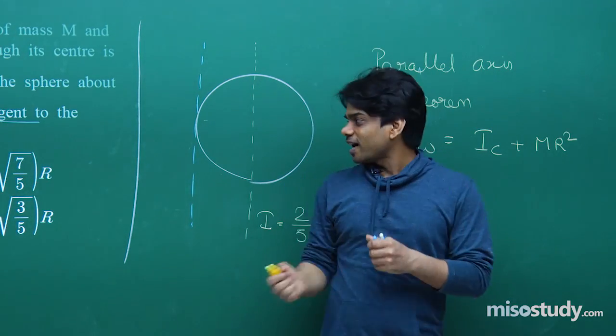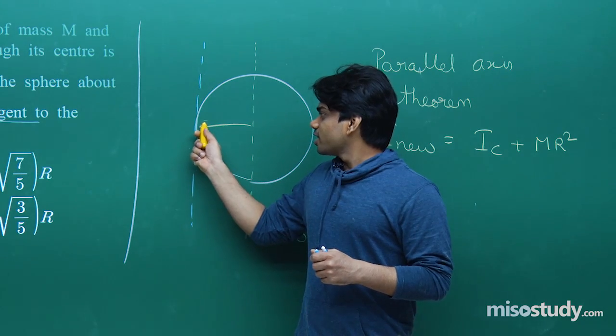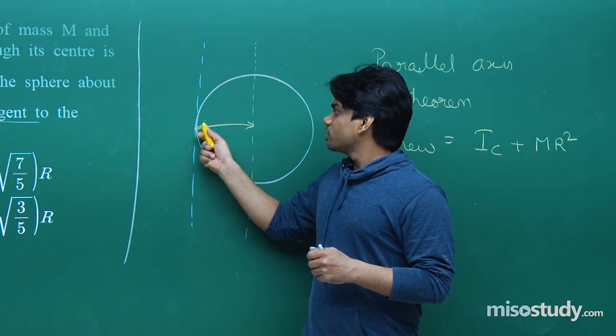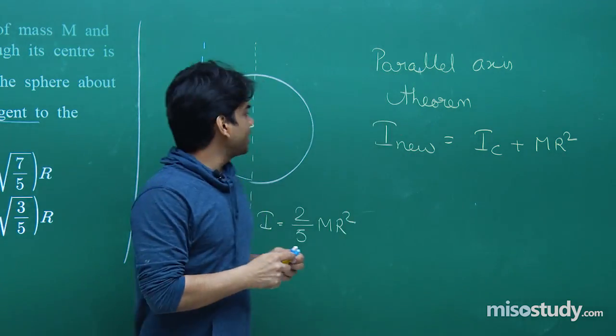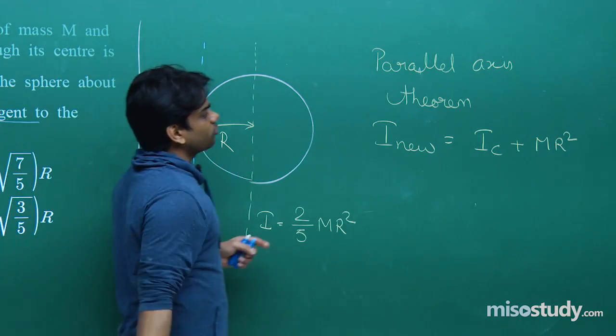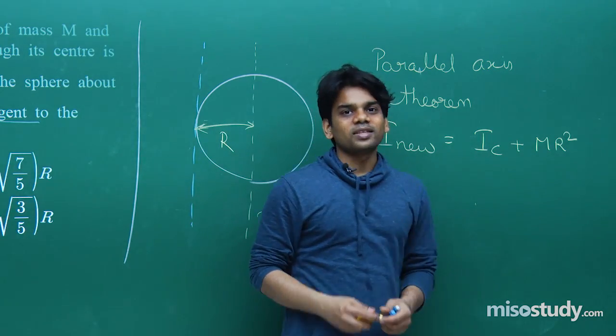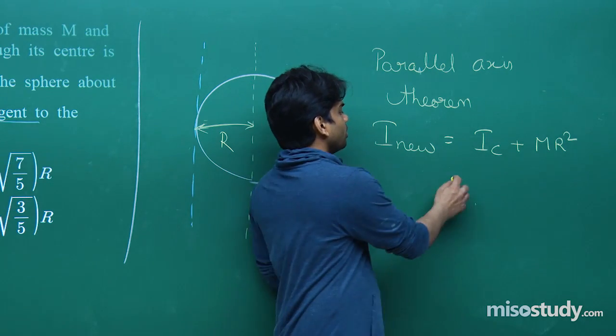The distance between both the axes will be equal to the radius of the sphere. Let me show you, this is the radius. That will be equal to I_C plus MR square. That will be the new moment of inertia.